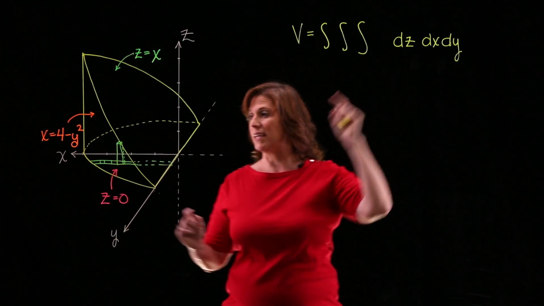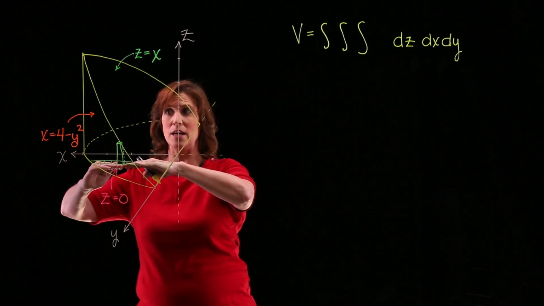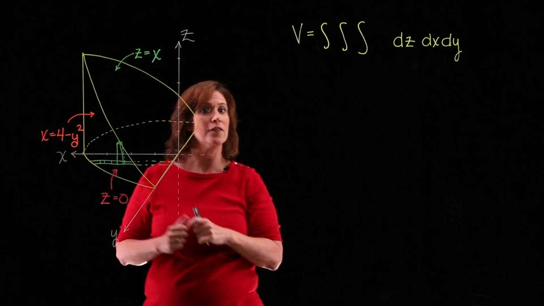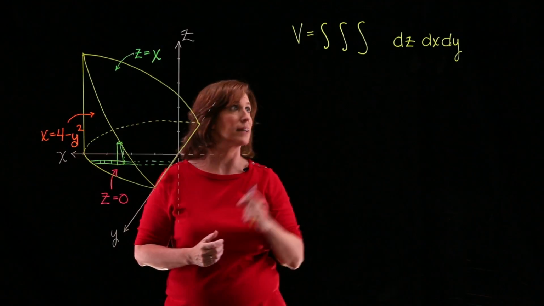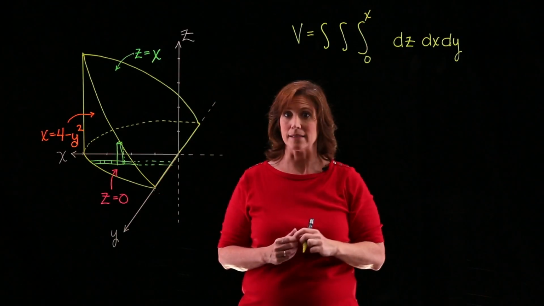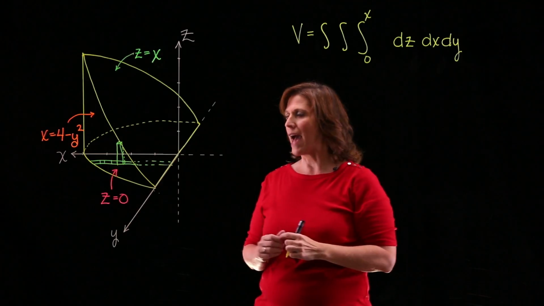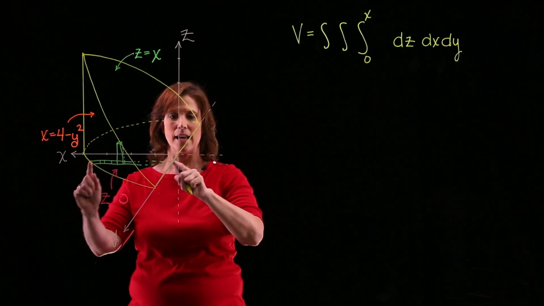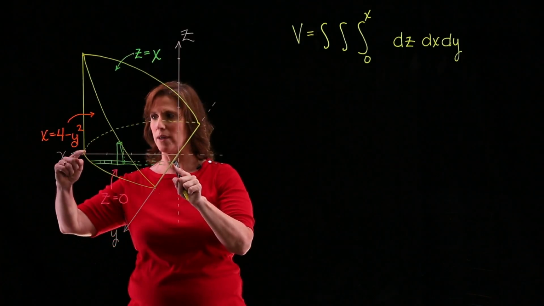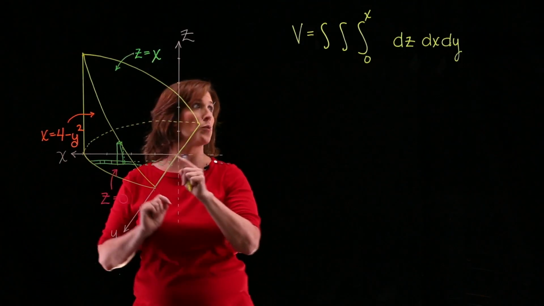How am I changing z? Well, z is going from 0 up to this plane, and I know that this plane can be represented by z equals x. So I'll be integrating from 0 to x. How about the x's? As I change those x's, I'll be going from 0 out to this value, which is going to be 4 minus y squared.